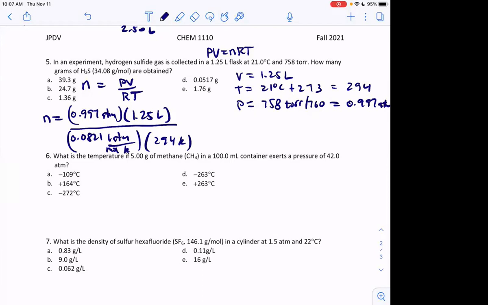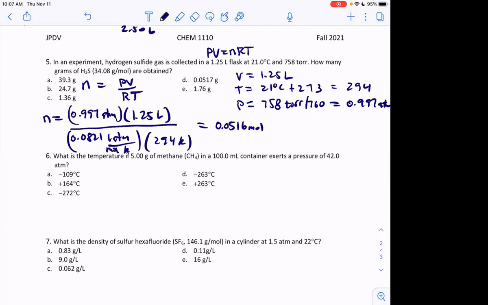What do we get there? 0.0516 moles. Did someone else get that too? All right, that's our moles.